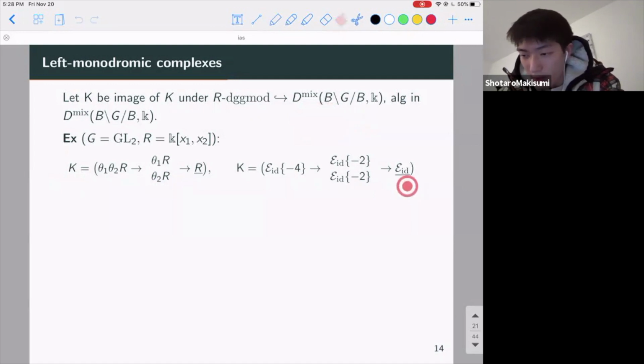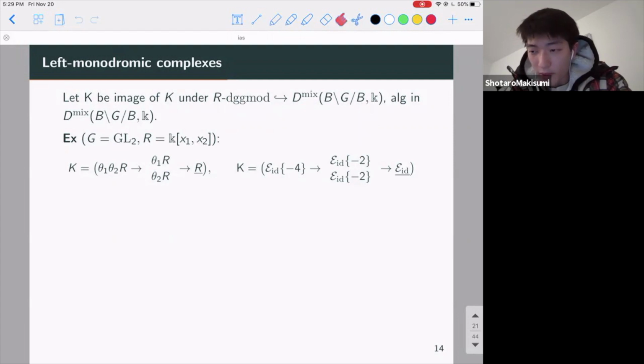Okay, now it's the skyscraper sheaf. So what I'm saying is actually this monoidal DG category of R modules sits inside the triangulated Hecke category. And so I can naturally view this Koszul complex as an algebra object inside the latter.